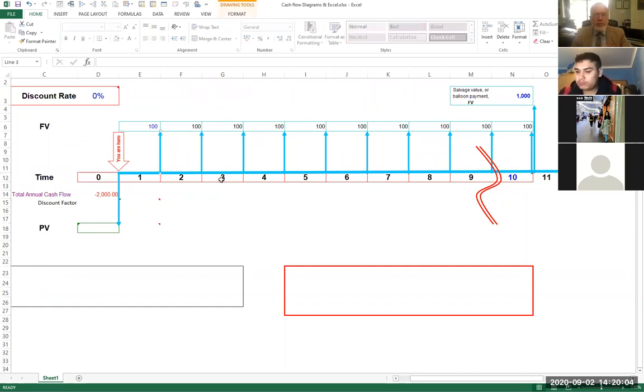For instance, in question 5.2, I think, in the assignment, we say that we've got an investment. Hang on, I'll just move this a little bit. I'm going to move it over to here.